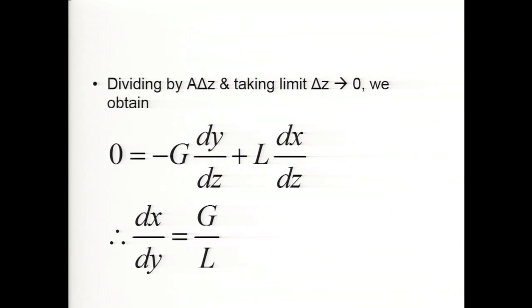Is everyone with me? Okay. Now simplify this. You can get rid of dz and write this as dx by dy equal to G by L. Now if you cross multiply, L dx equals G dy. What is G dy? It is the solute lost by the gas. And what is L dx?